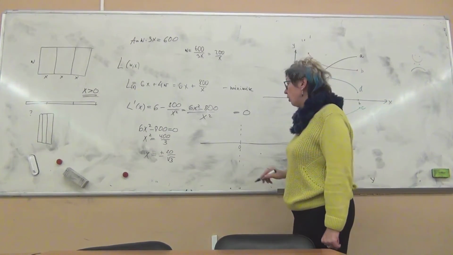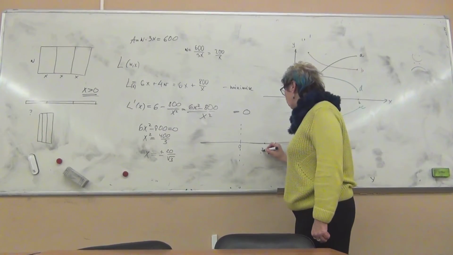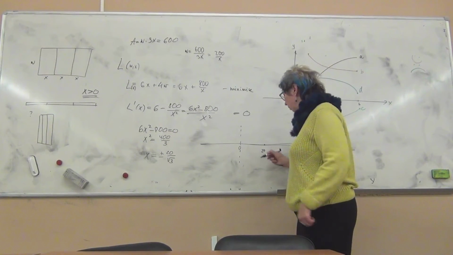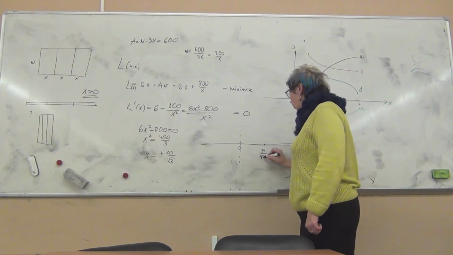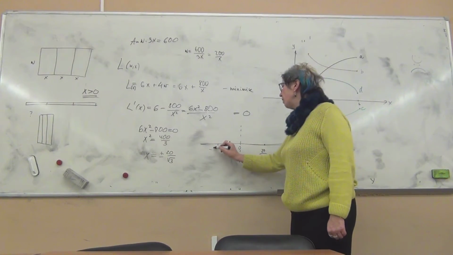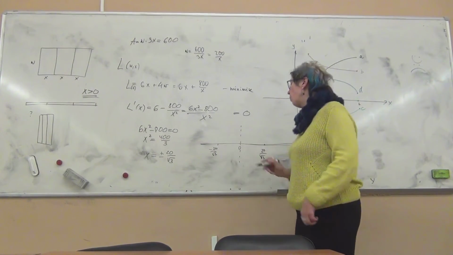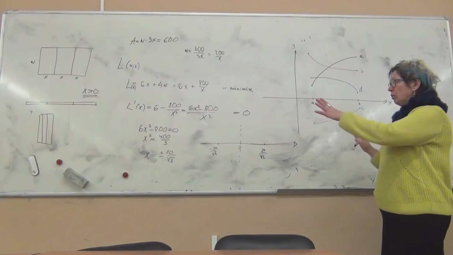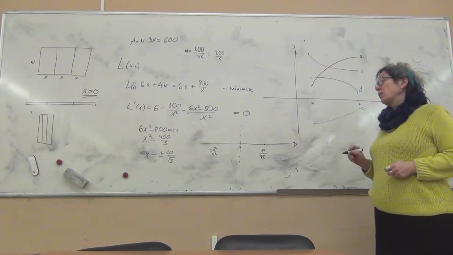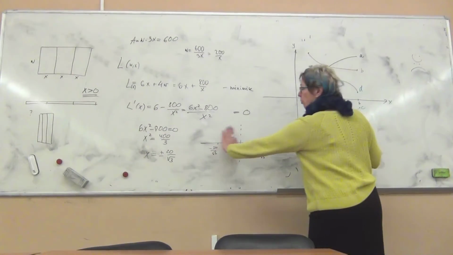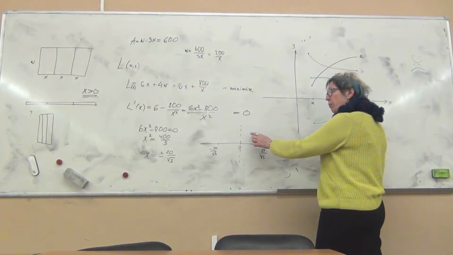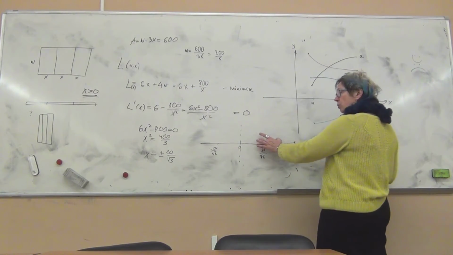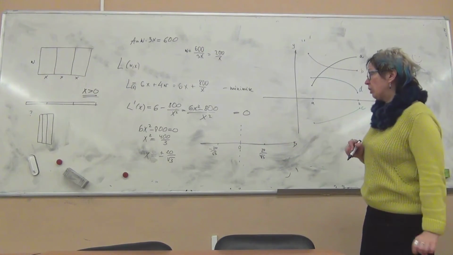The discontinuity of this function, we have this 20 over square root of 3. We have minus 20 over square root of 3 somewhere. I'm putting it there because I need to get the total picture. Sometimes I might just skip this part, but I still need to see the behavior of the function around this critical point, the positive critical point.